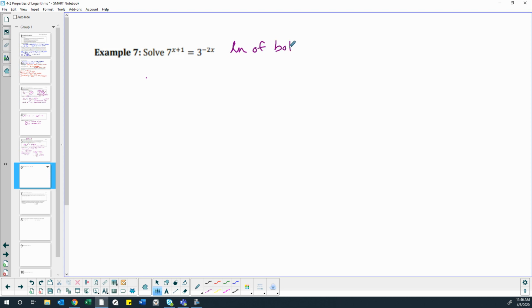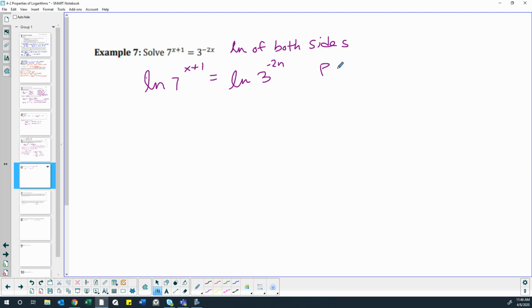I'll write that down so you know what I'm doing. So natural log of 7 to the x plus 1 power equals the natural log of 3 to the negative 2x power.